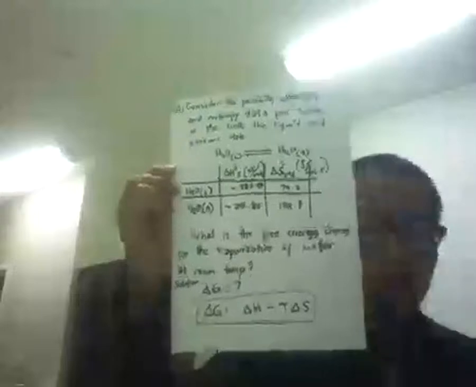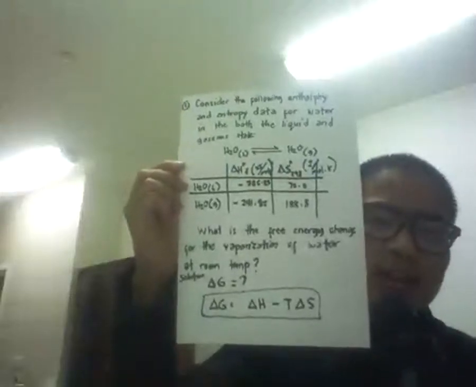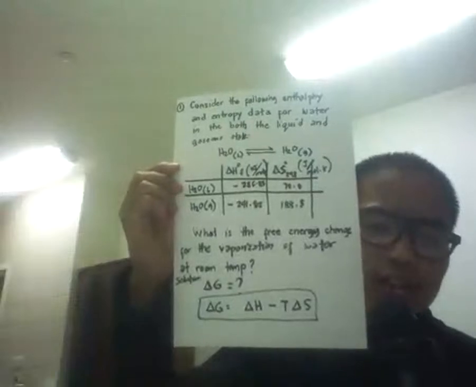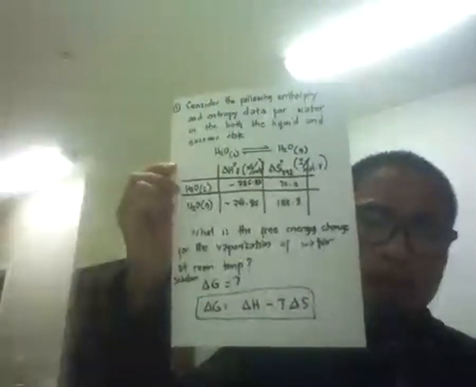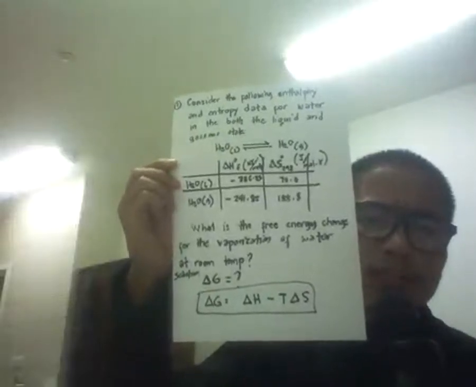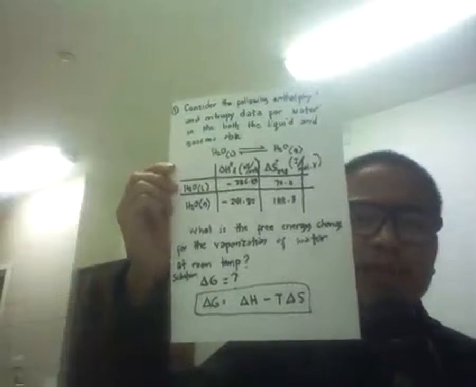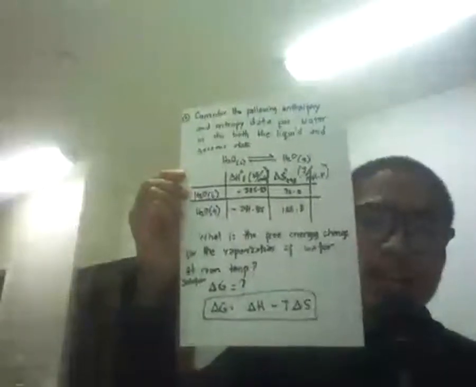So what is being asked is to calculate the free energy change. Let me use this formula. Since our delta H of formation has a small circle at the top, that is standard, right?